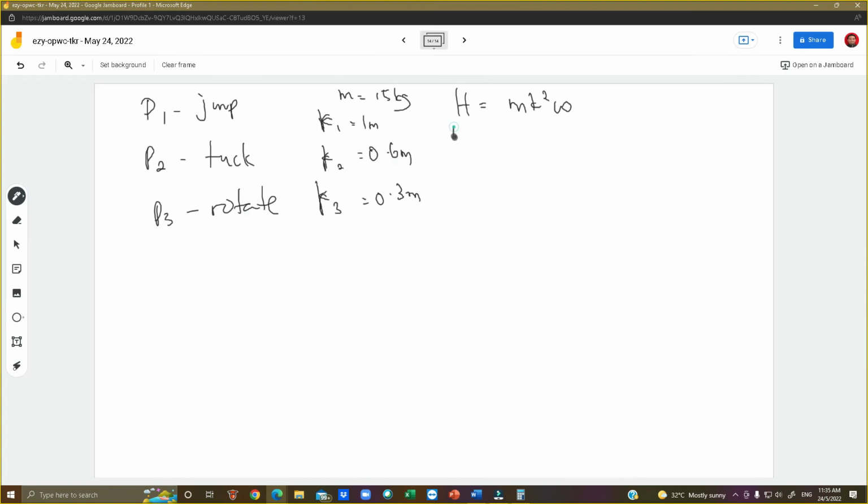Maybe its omega 1 equals 1 radian per second. 1 radian per second. So, let's first find the angular momentum 1. M will be 15. The K will be 1 squared, 1. So we get 15 here. What is that? What is its unit?